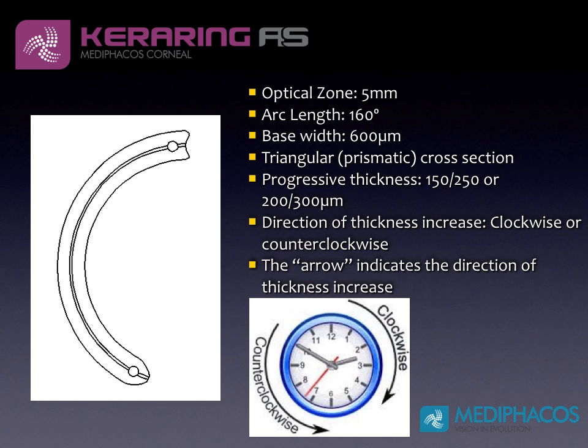The direction of the thickness increase can be either clockwise or counterclockwise, and if you look at the implant design, you can see that the tips have an arrow-like shape, and the arrow indicates the direction of the thickness increase.